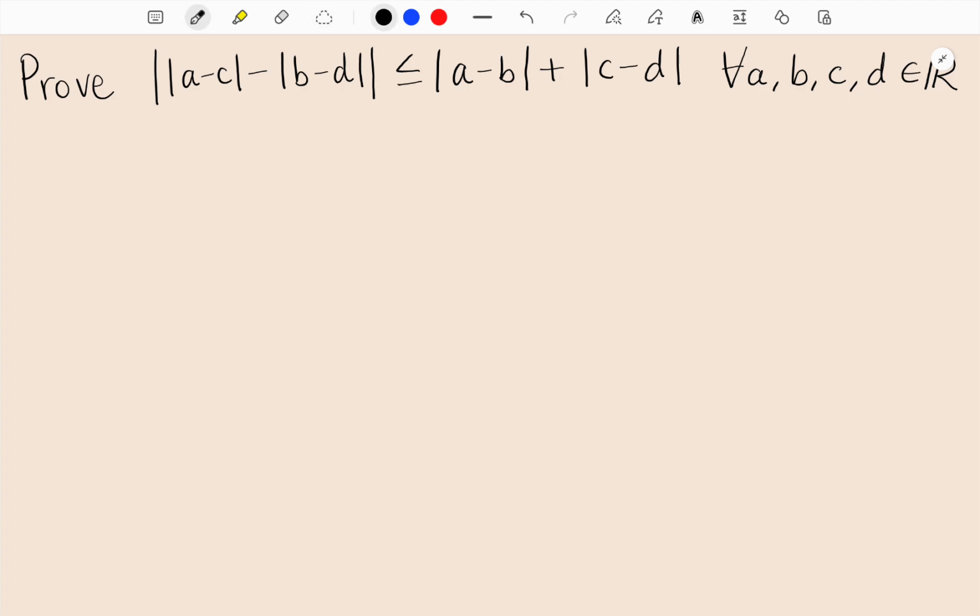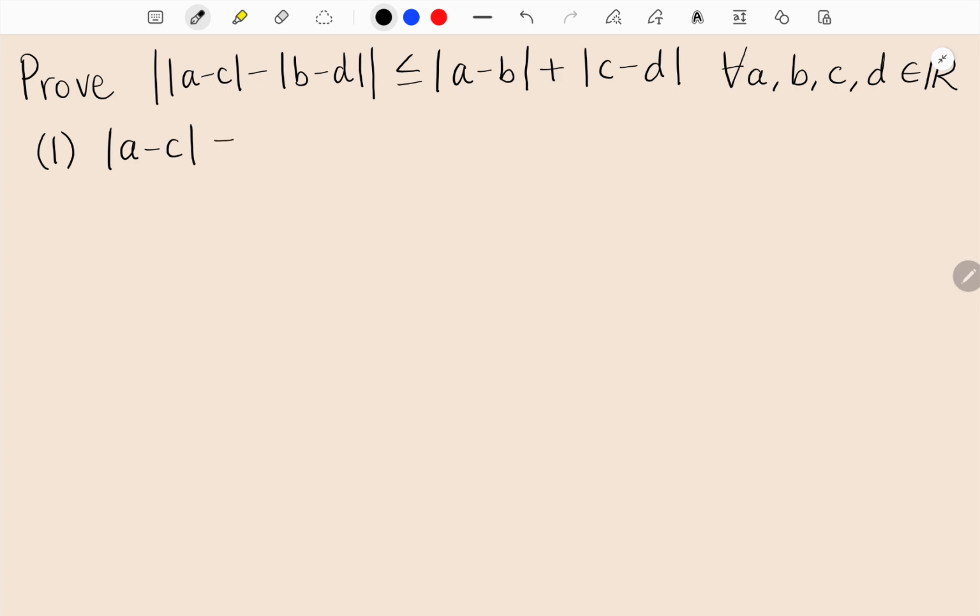So actually, let's just start proving it. To begin, I'll write an equation 1, which is the absolute value of a minus c. I'm going to do a little trick over here.